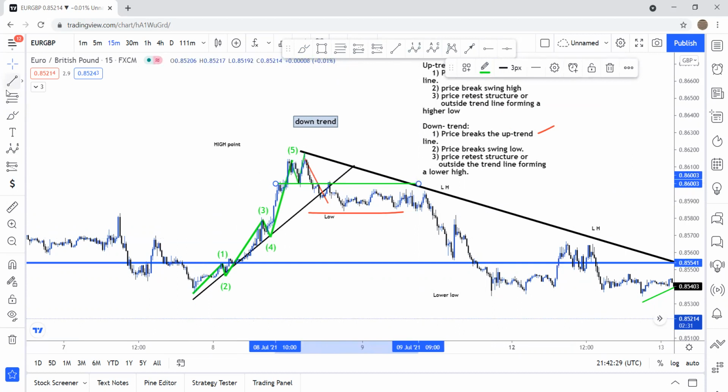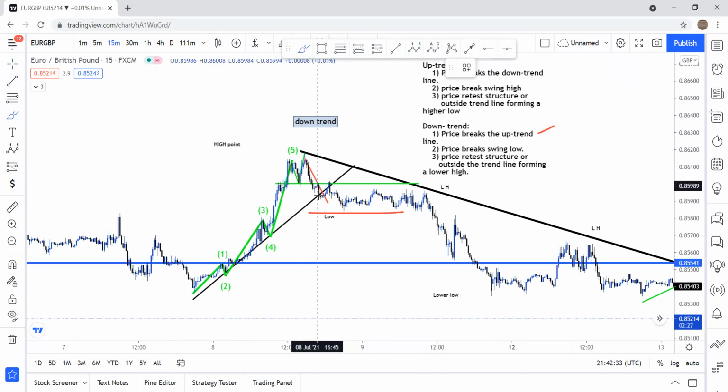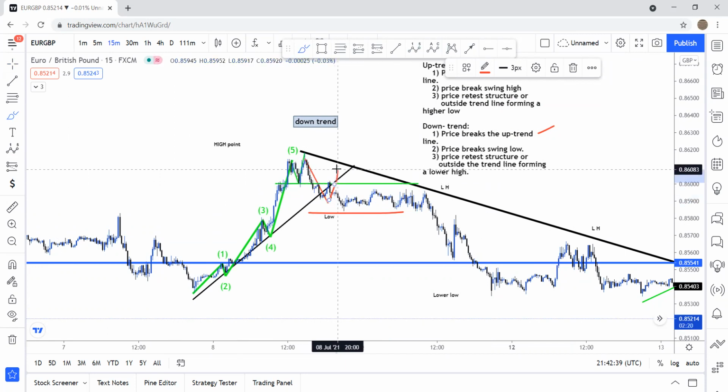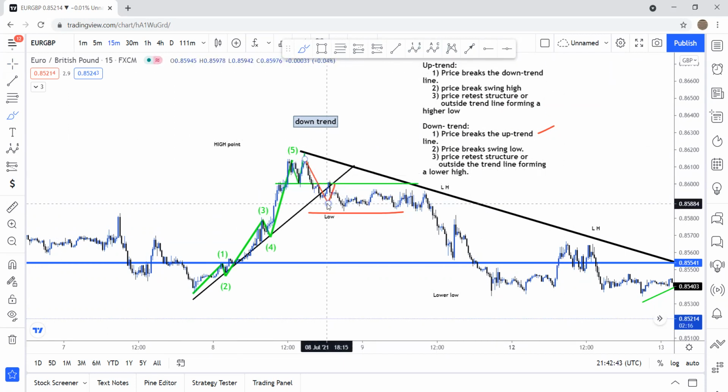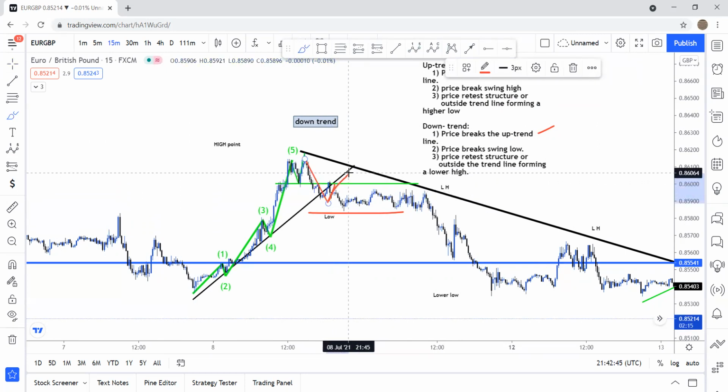So look what happened. We have price breaking this low. It ends up retesting the structure, as opposed to retesting in here. It shouldn't go back inside the trend, but as opposed to retesting out here, it retests the structure here, and then it came.